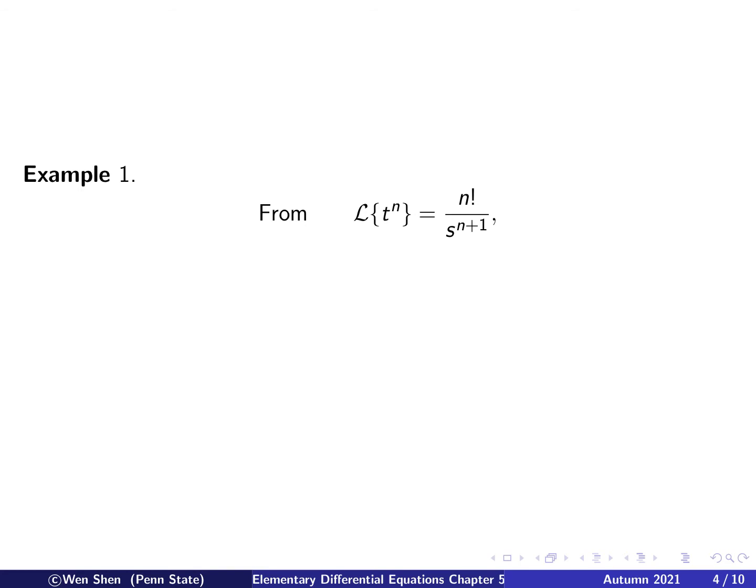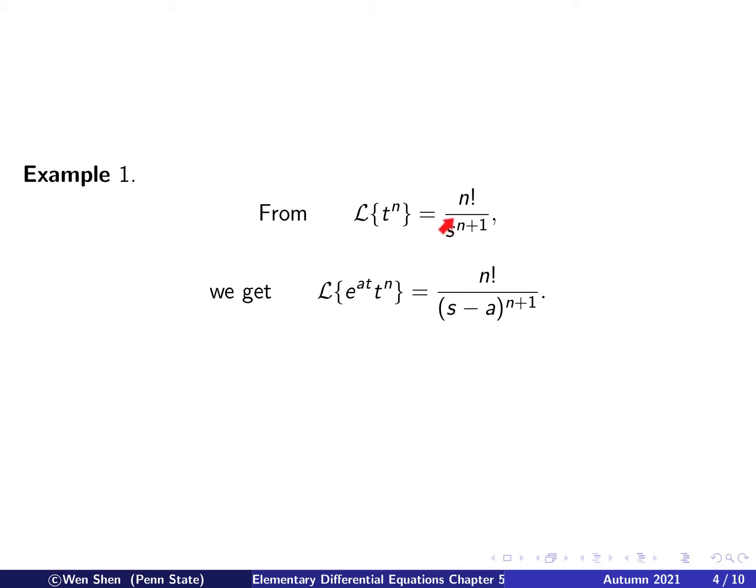Our first example: we will use the Laplace transform of a polynomial. The Laplace transform of t to the power n equals n factorial over s to the power n plus 1. Using that, we can quickly find the Laplace transform of the function e^(at) times t^n by using the shift theorem, that is, multiplying by an exponential function just causes the transformed function to shift by a units.